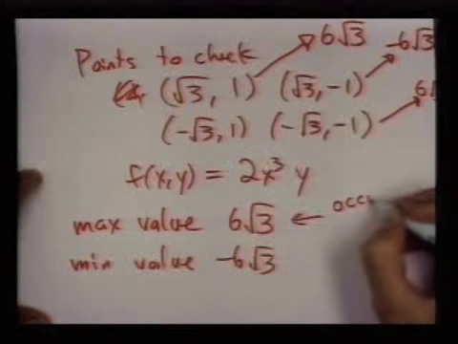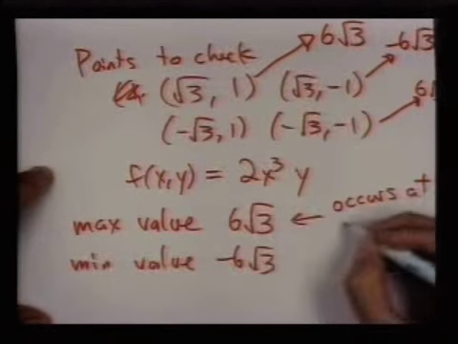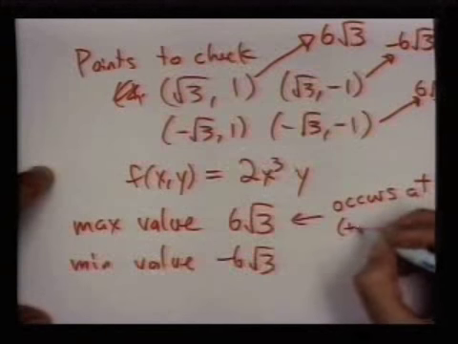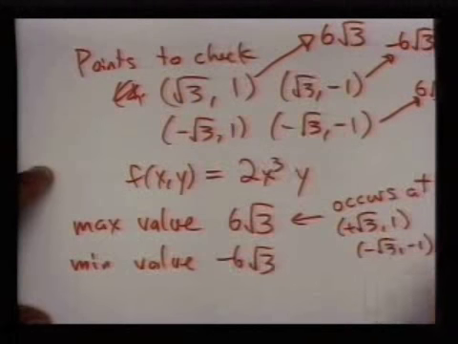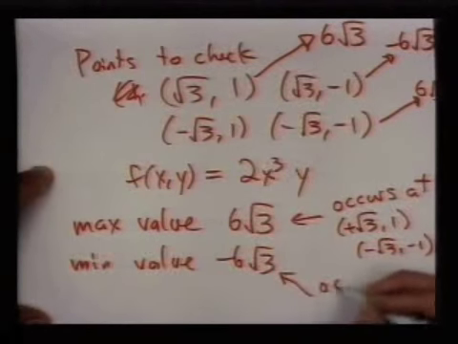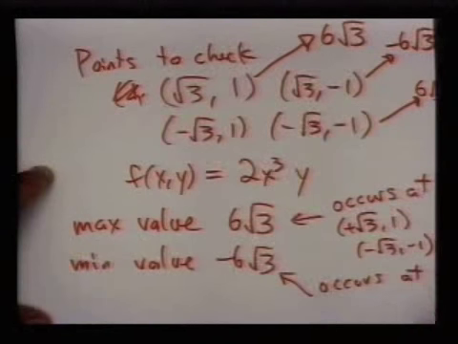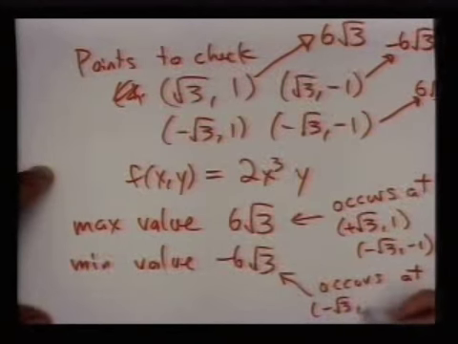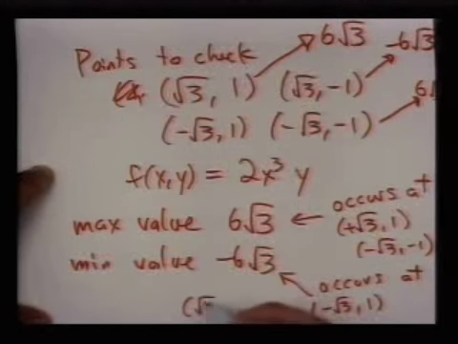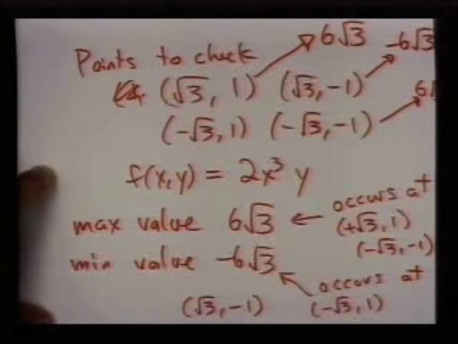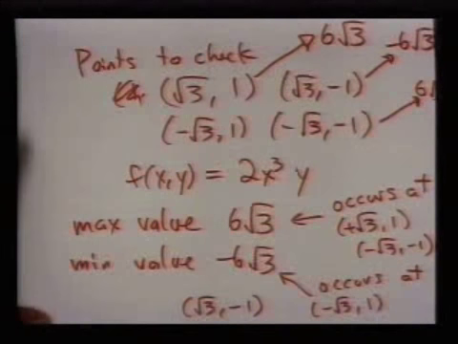This occurs at square root of 3, 1, and negative square root of 3, negative 1. And this occurs at negative square root of 3, 1, and square root of 3, comma, negative 1. And that's it.